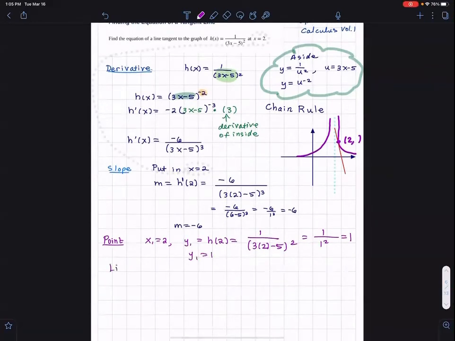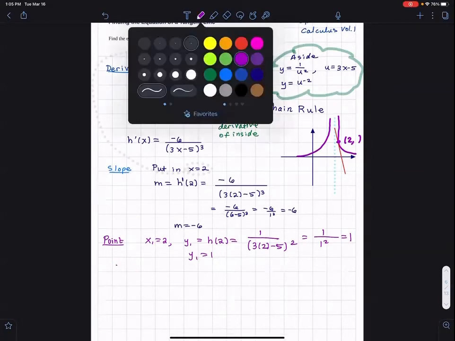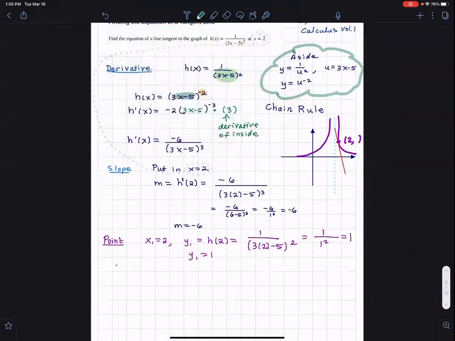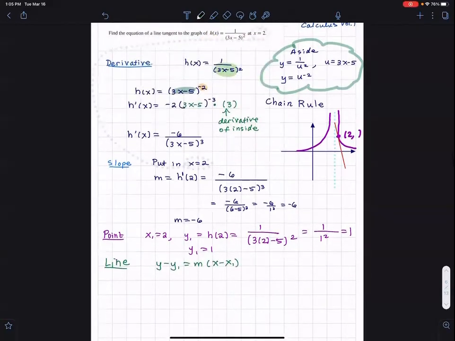And then for our line, let's change up the color so it pops out more. For our line, I use the point slope formula: y minus y1 equals m times x minus x1. That's standard stuff, and we know that.